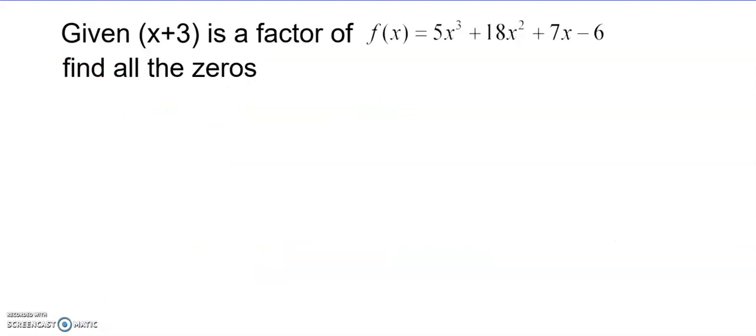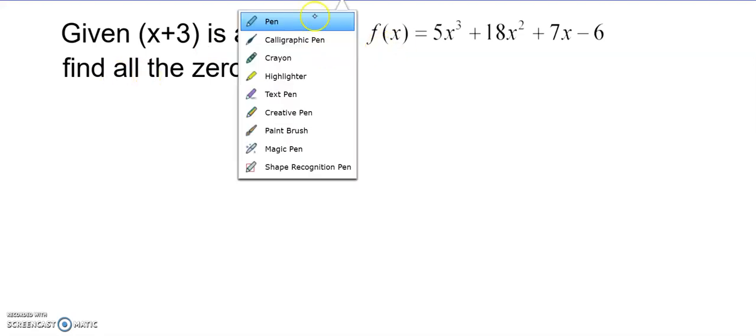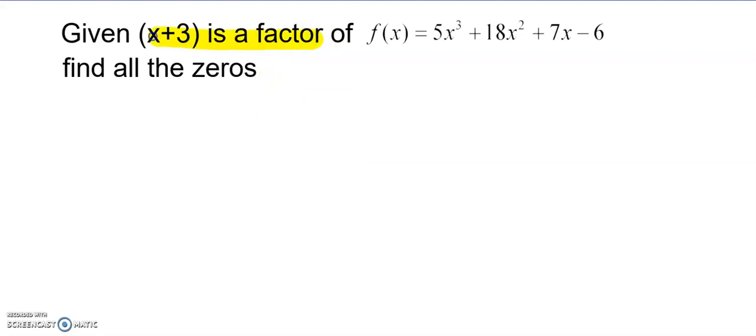Okay, so it says given that x plus 3 is a factor of f of x, find all the zeros. Now, if something's a factor, remember that it divides evenly into this polynomial. And if something divides evenly into a polynomial, what would its remainder be? Well, its remainder would be 0 because it divides evenly.